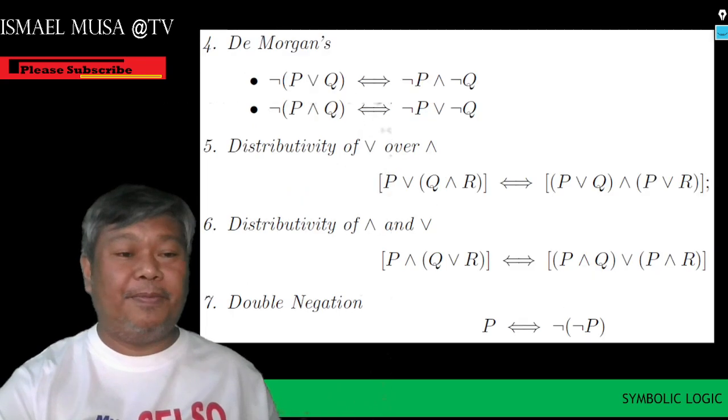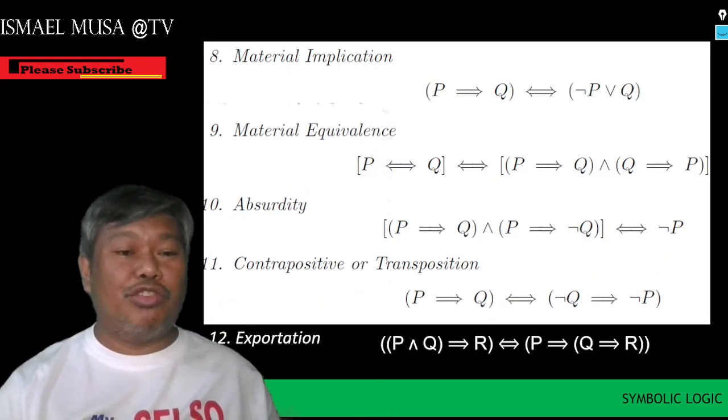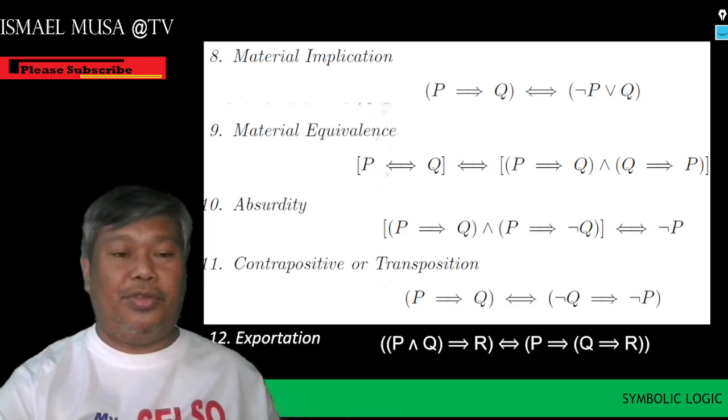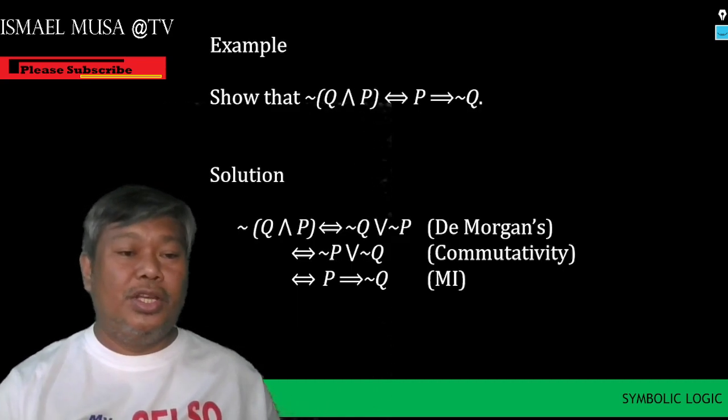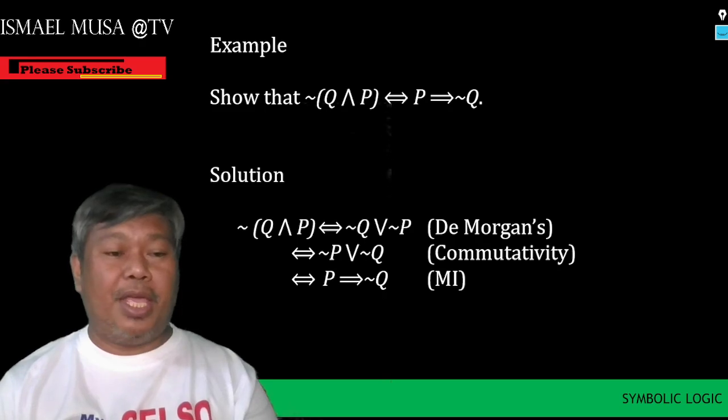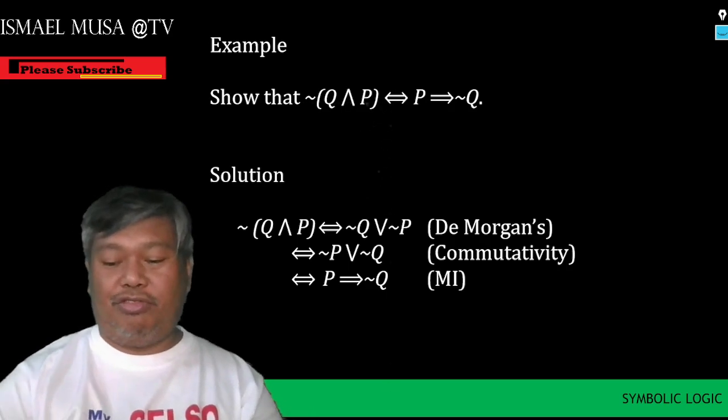We call it the material implication, where P implies Q, we write that as the not of P or Q. Take note, P implies Q, we say the not of P or Q. So we say the not of P implies not Q. That is material implication.